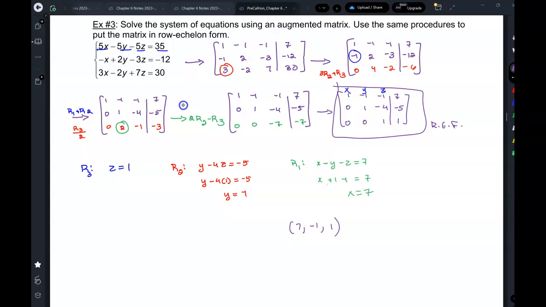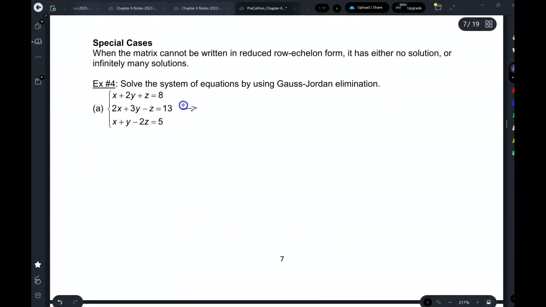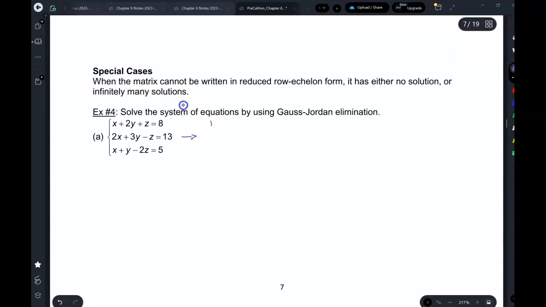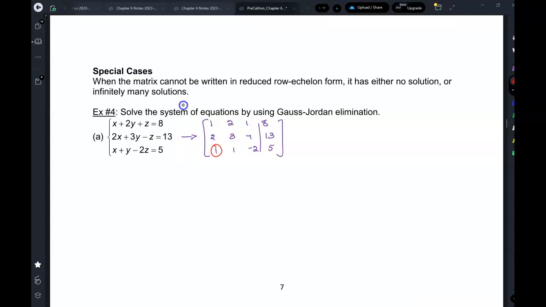Let's do this next one, and so you'll see. Look at this. I have 1, 2, 1, 8, 2, 3, negative 1, 13. Okay, look, I need to get rid of this one first.